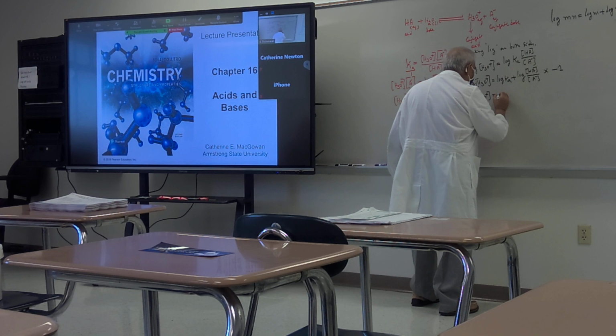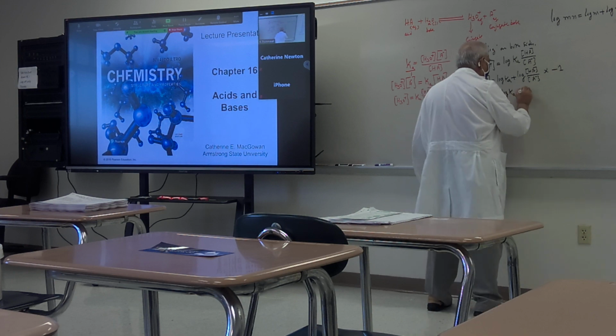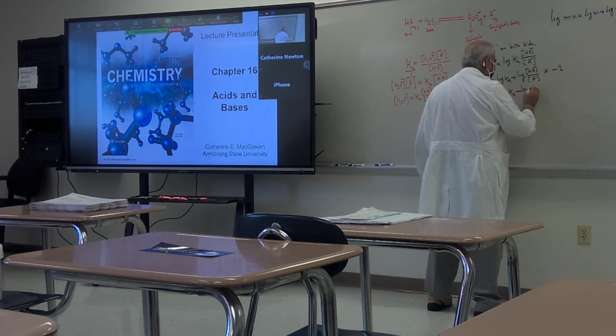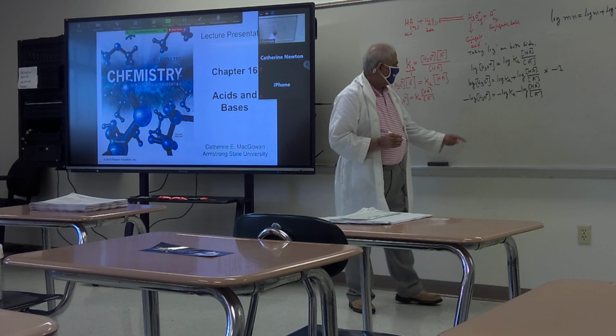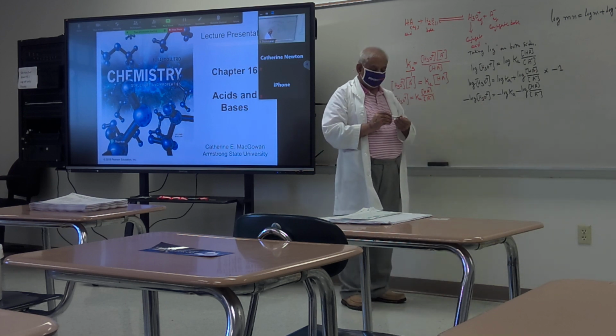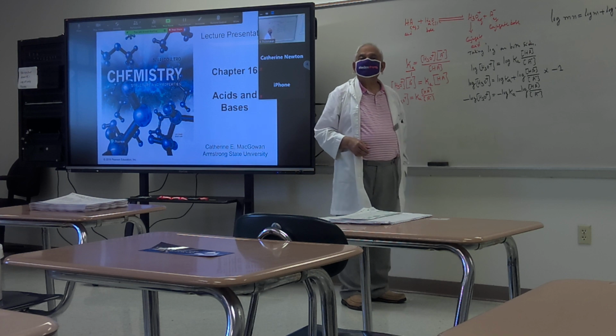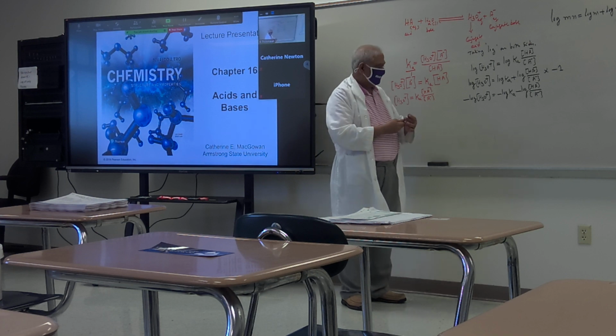This also becomes negative log of Ka, and that also becomes negative log of HA over A minus. Negative log of hydronium ion concentration is called what? pH. Yeah, correct.